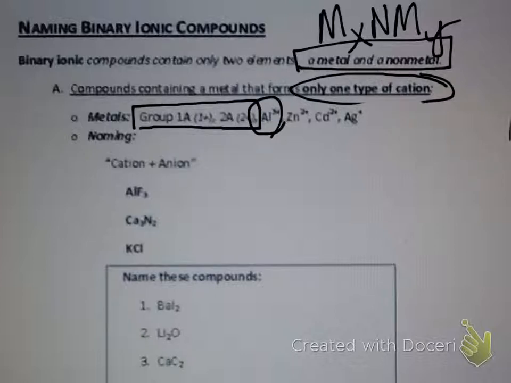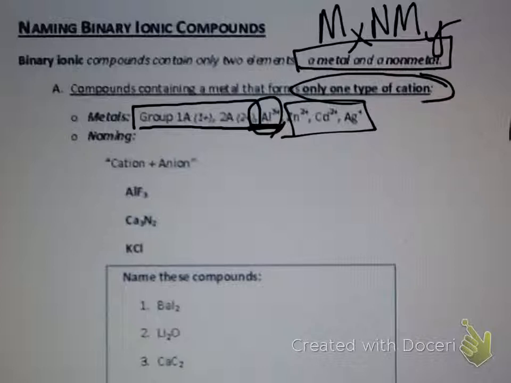So if you have group 1A or 2A or aluminum in 3A, or zinc, cadmium, and silver, these metals only contain one charge, and you don't have to worry about designating what the charge is. It's already understood by the chemist.